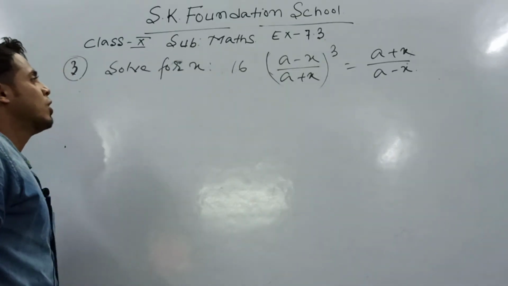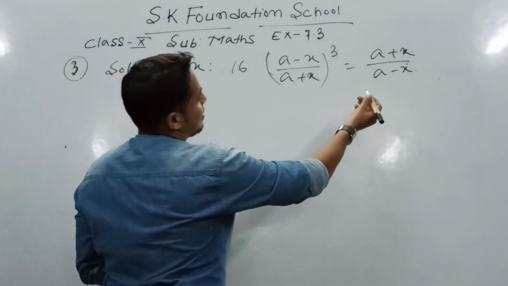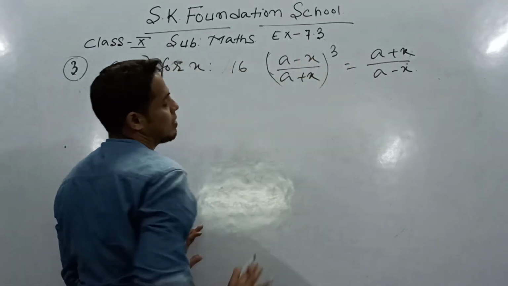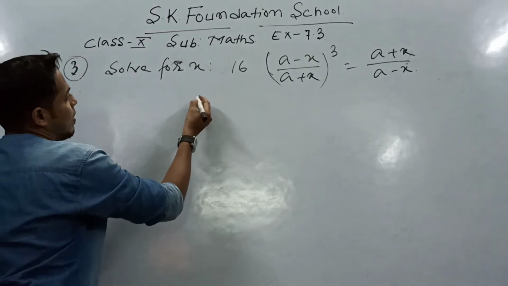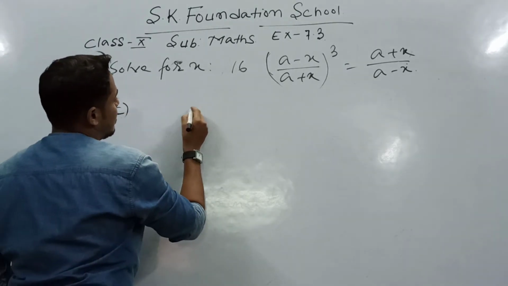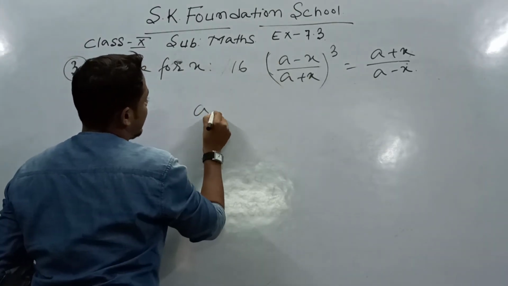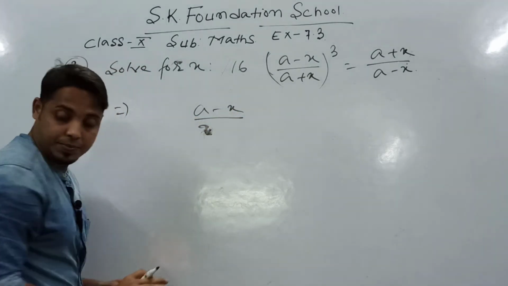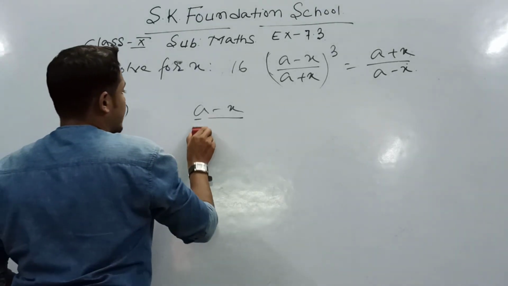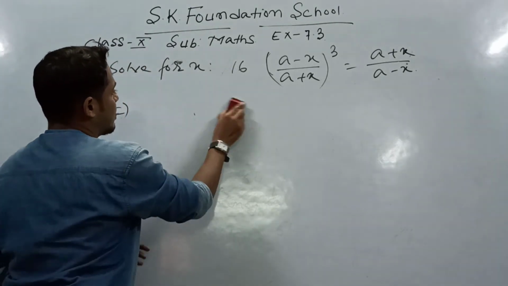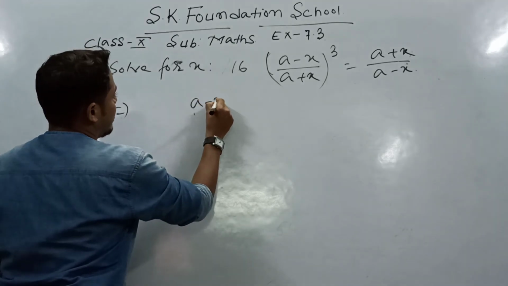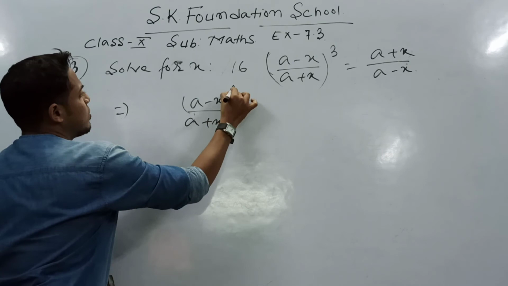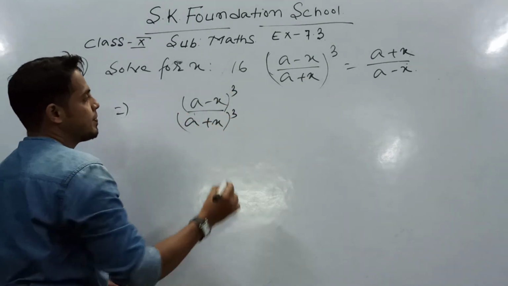Okay, so if we multiply this a minus x with this part and this a plus x with this part. After multiplying these two expressions, a minus x by a plus x, they are in cube form actually, right?